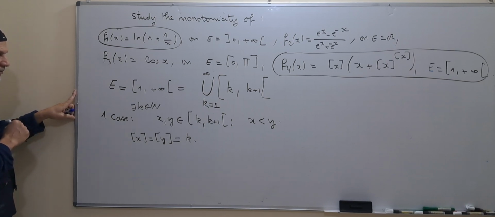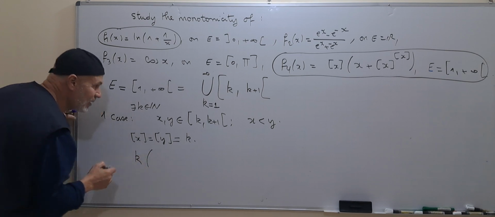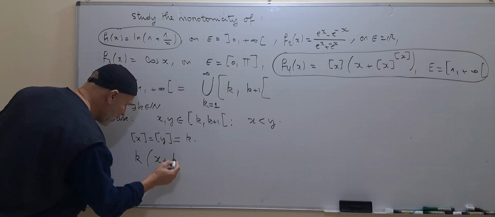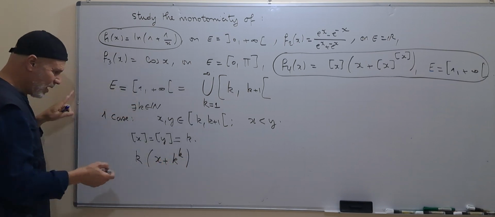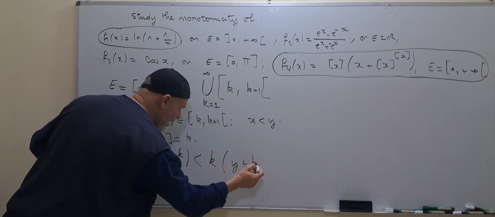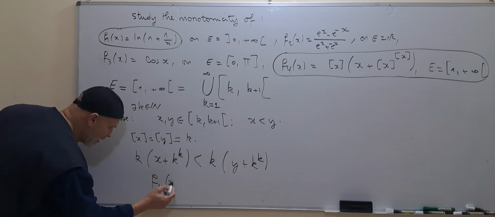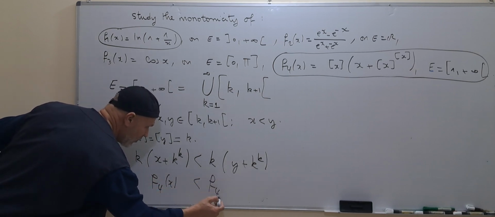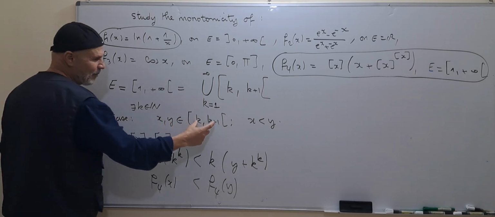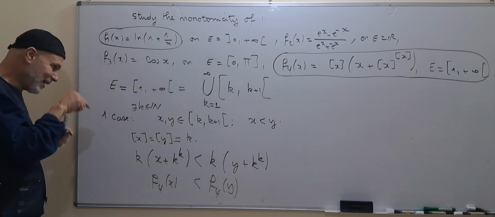So we get k times x plus k to the power k, which is less than k times y plus k to the power k. This means f4 of x is less than f4 of y. If x and y belong to the same subinterval, it is increasing.